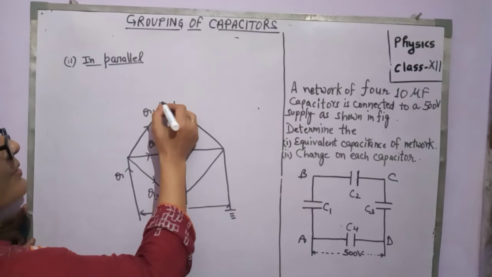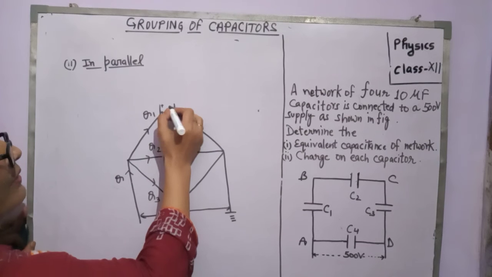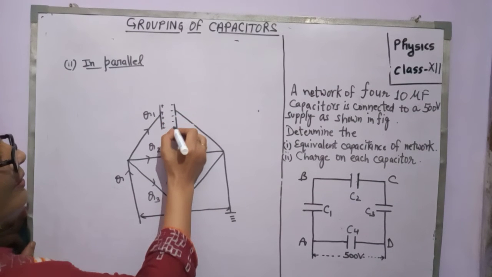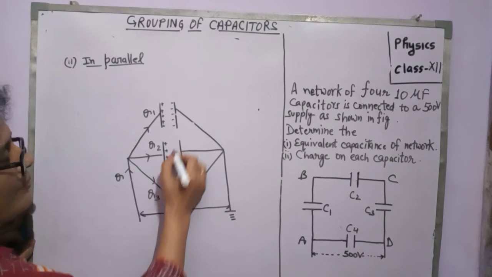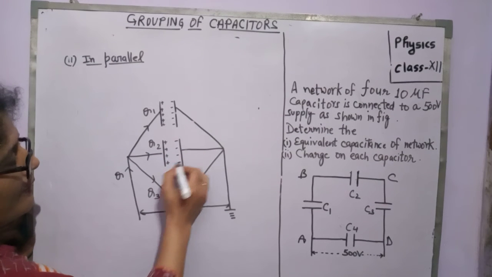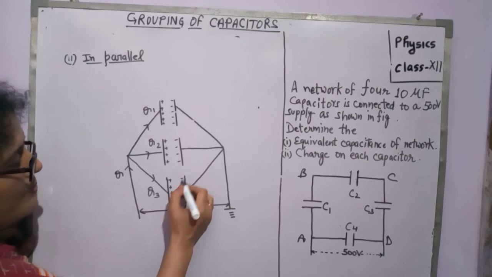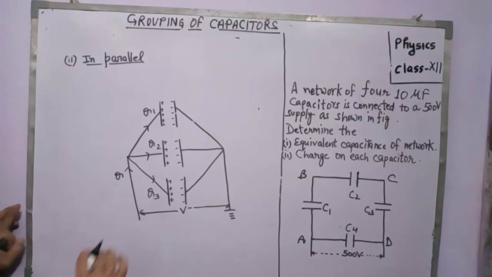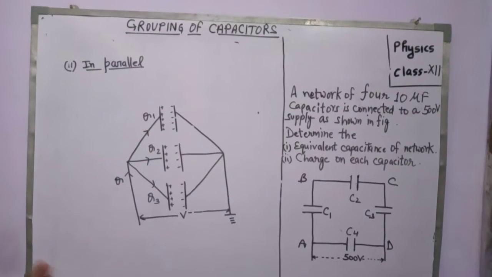Now this plate is positive, but the charge is different, and this plate is negative. Similarly, this plate is positive and this plate is negative. In the same way, this plate is positive and this plate is negative. But the charge on these three capacitors is different.